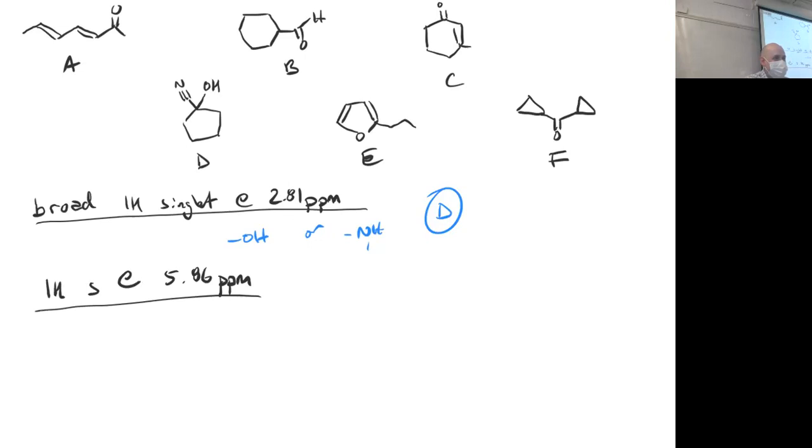A C double bond to the C. So how many hydrogens? 1. Okay, and is it next to the C double bond C or directly attached to the C in the alkene? Directly. Perfect. So this is what we're looking for.